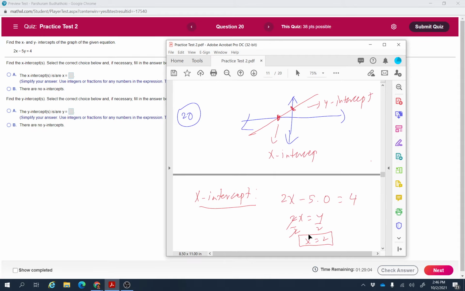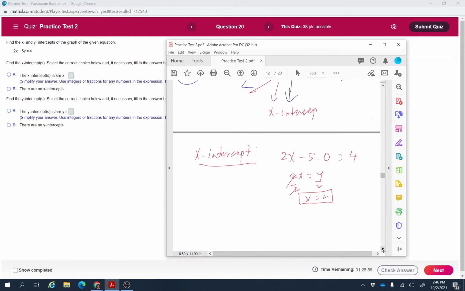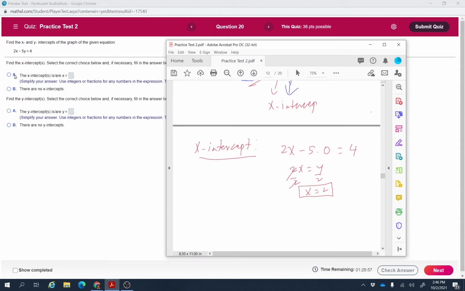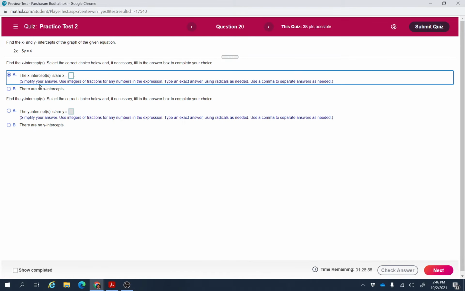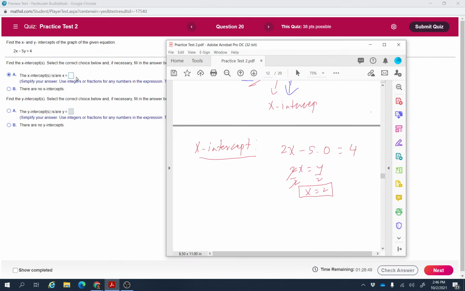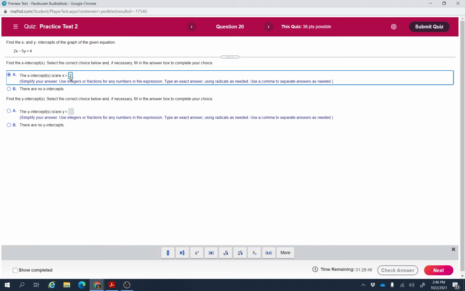So that's your x-intercept. It's supposed to be 2 comma 0 as an x-intercept is a point, but in your answer, they are saying simplify your answer, use integer or fraction for any numbers in the expression. So they just want this 2 here, instead of writing this as a point 2 comma 0.